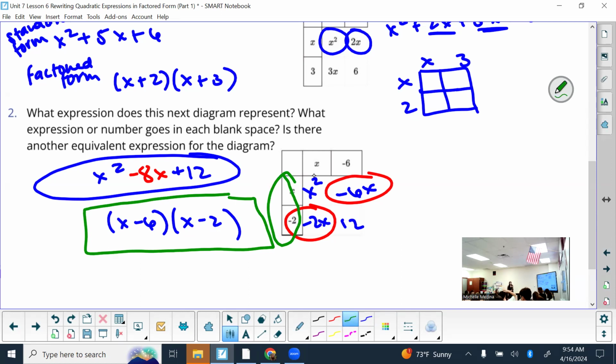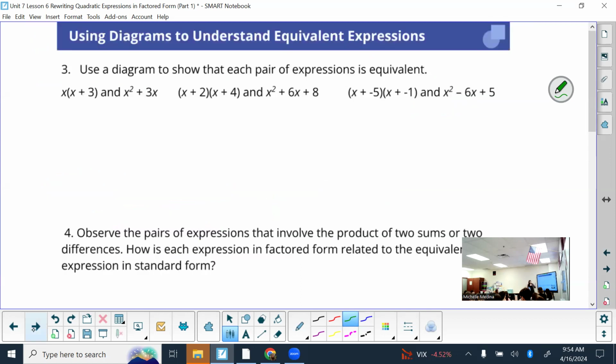Yes? Glad you do it. So for the next part, you are going to use a diagram to show that each of these is equivalent. This is almost exactly like a question that is on your final, your constructed response final, except for that it would obviously be different numbers.